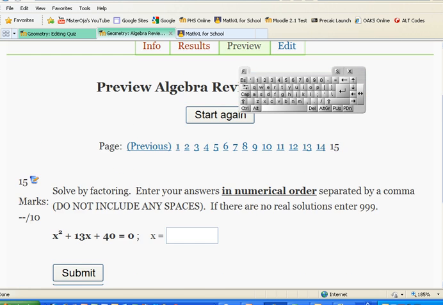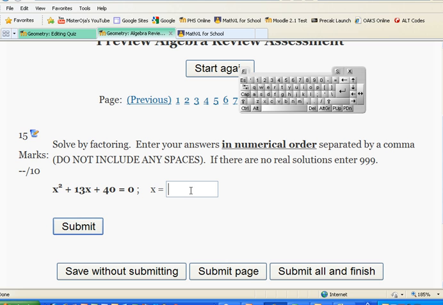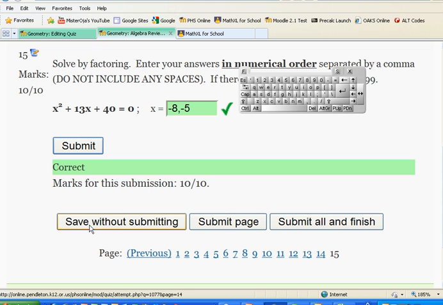Then I should be able to just enter negative 8, comma, negative 5. And we got it. Make sense? Yes. We're done. That's it. All right.